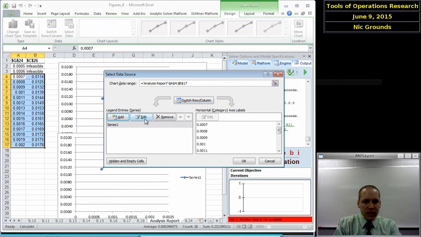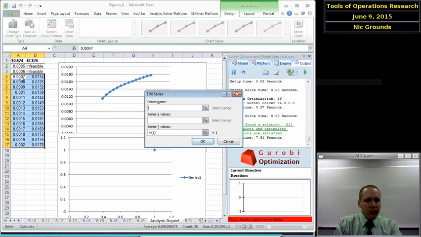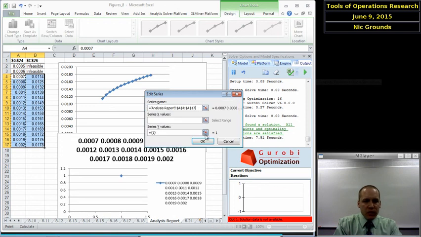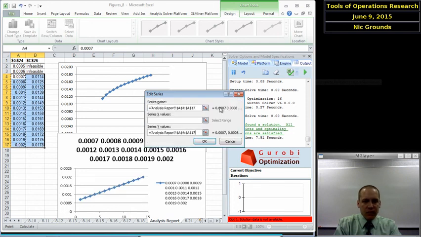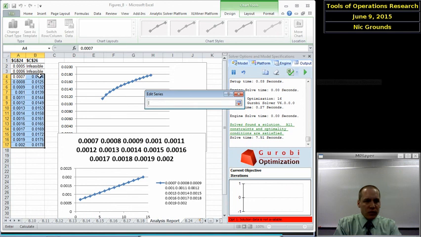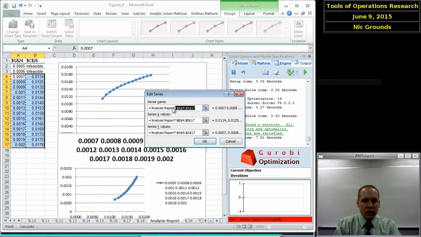That's not what I want. So we're going to graph. That's not what I meant. We're going to graph risks versus returns. So the opposite of what we graphed before. Okay.